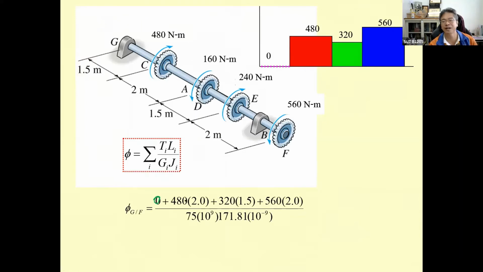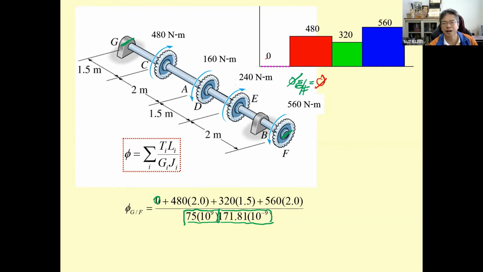The first portion is 0, since the material is the same and the cross section of the shaft is the same. So we have phi of point G with reference to point F. Phi G/F is going to be the 0 over here.